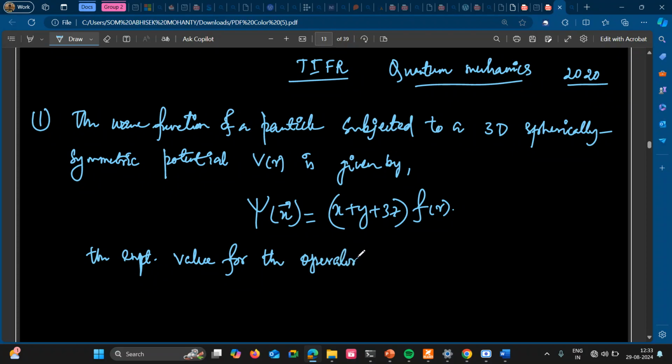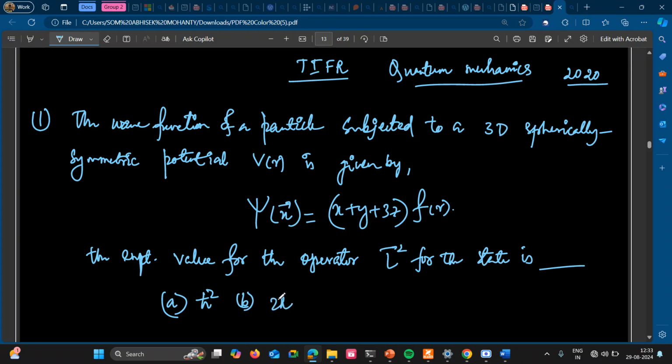The expectation value for the operator L square for the state is? Option A, h cut square, option B, 2h cut square, option C, 5h cut square, and option D, 11h cut square.